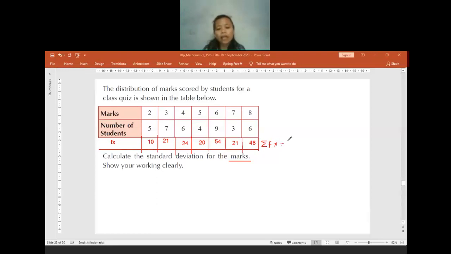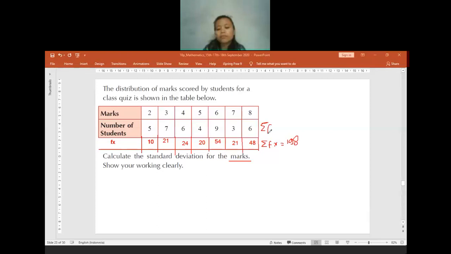Okay, correct. It will be 198 because we have to plus all of them, the 10, 21, 24, 20, 54, 21, 48.